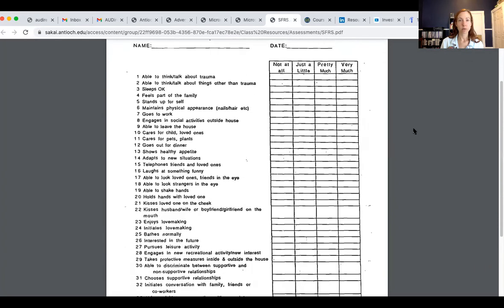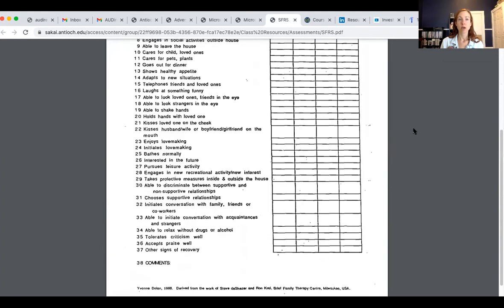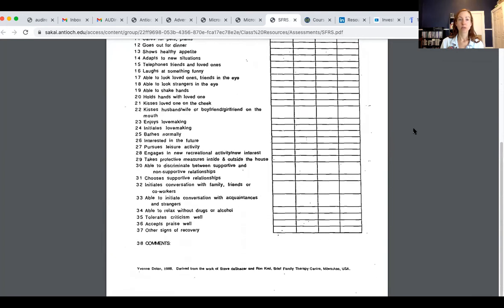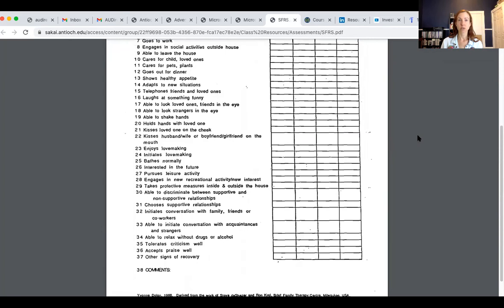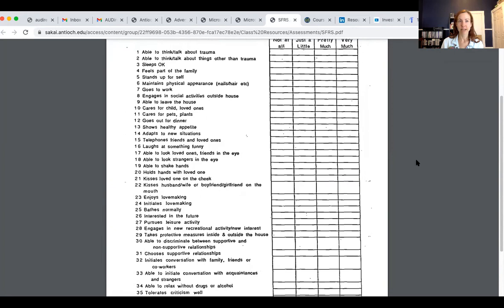Very straightforward, obviously, very simple. What I like about this is it's almost hard to imagine a way in which an assessment instrument would be solution focused or strength based, and yet here it is.